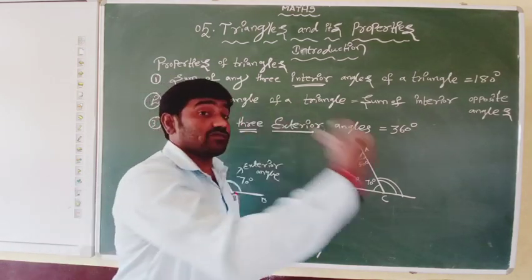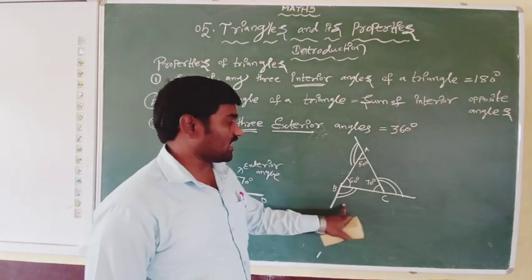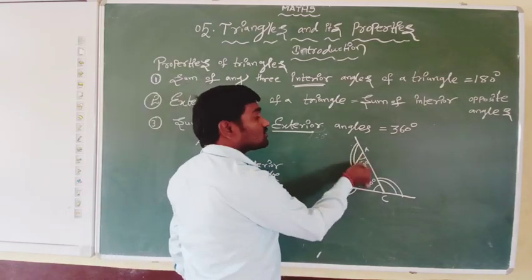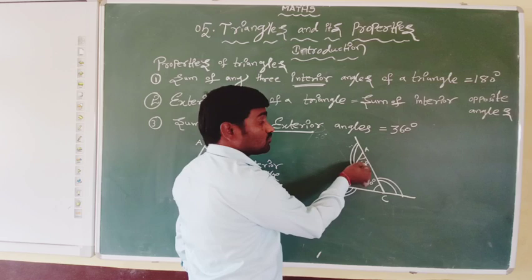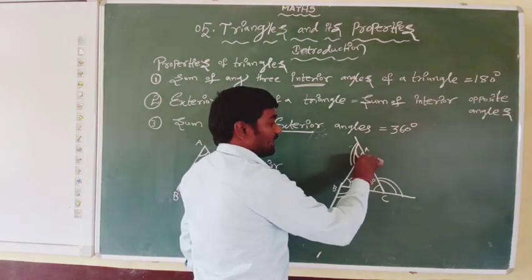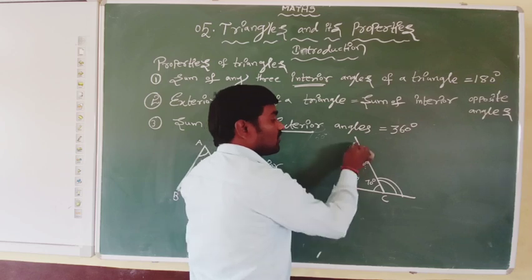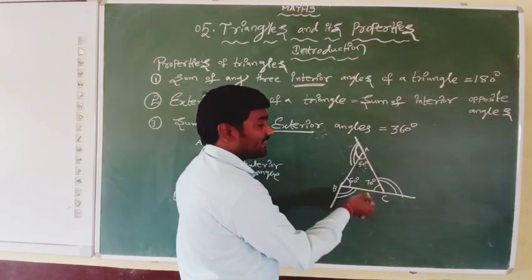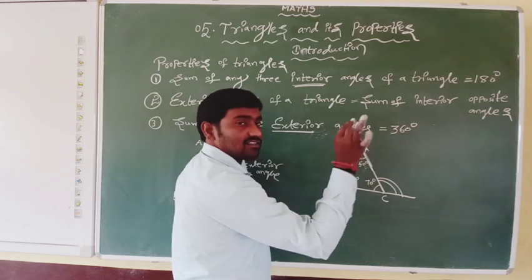But what about the sum of three external angles? These are the external angles. So simple. When you add these two angles, you will get 180 degrees, because they make a linear pair. The sum of two adjacent angles on a straight line always gives us 180 degrees.